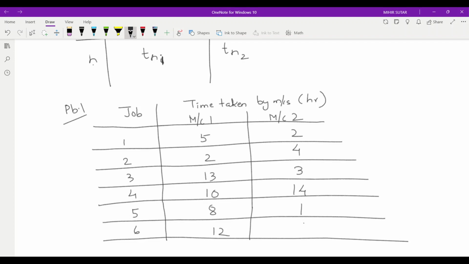Sorry, wrong one. It's your 4. Here it is your 4. It should be 3.